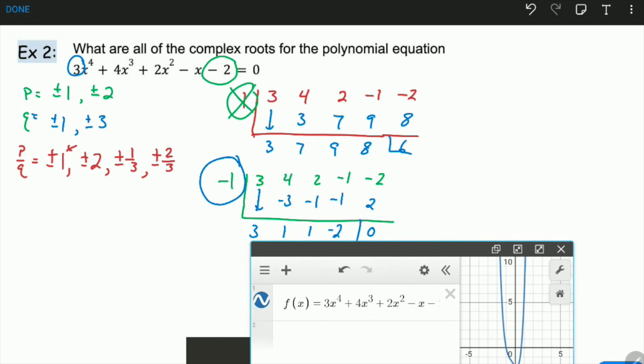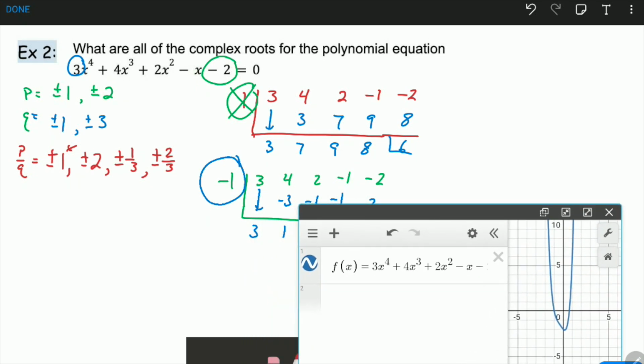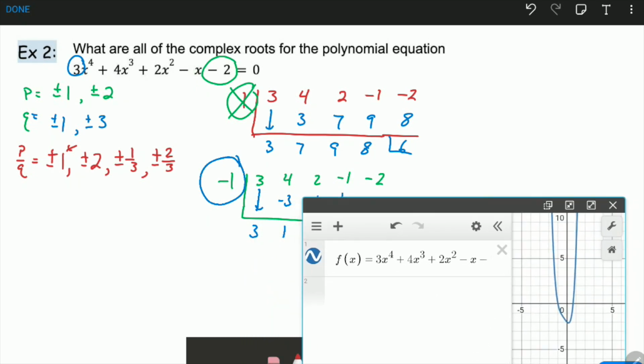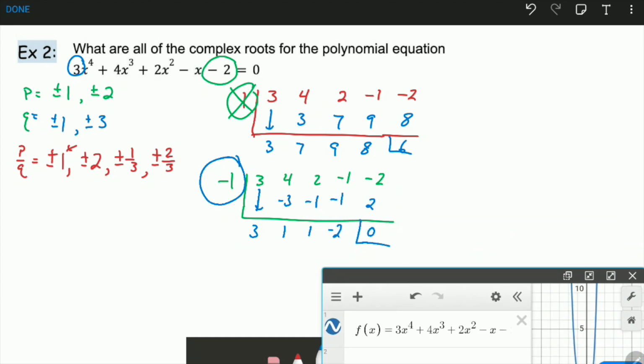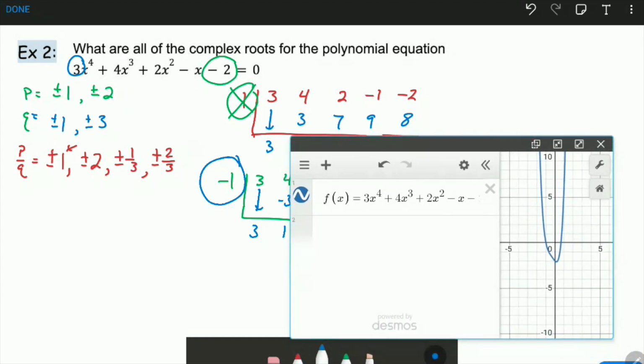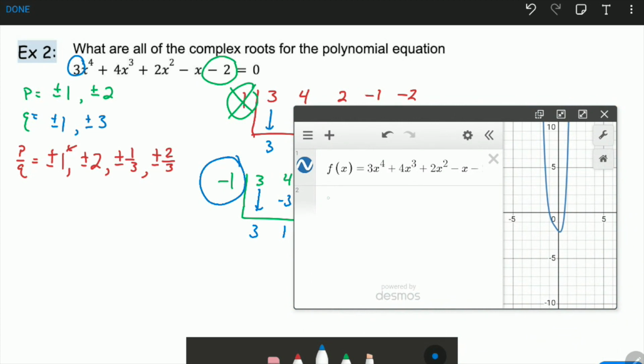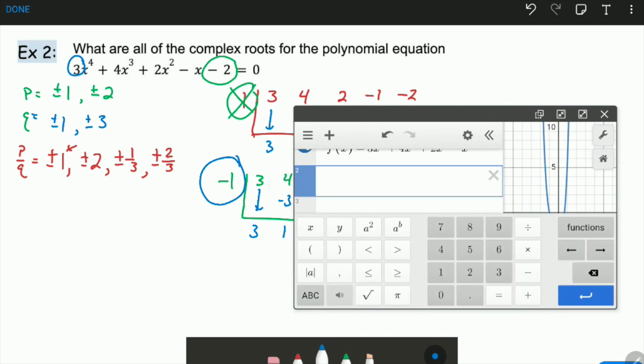So we can always try dividing by -1 a second time to see if it goes in evenly. But I'm pretty sure, if I remember right, it was one of the other numbers. So I'm just going to quickly use the remainder theorem to figure out what is the other one.